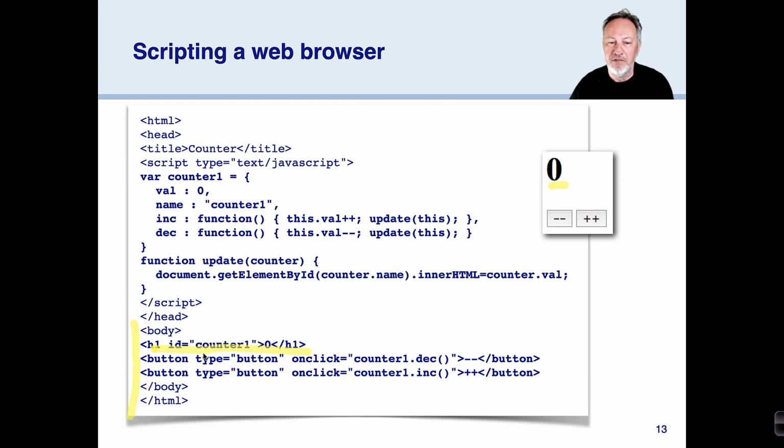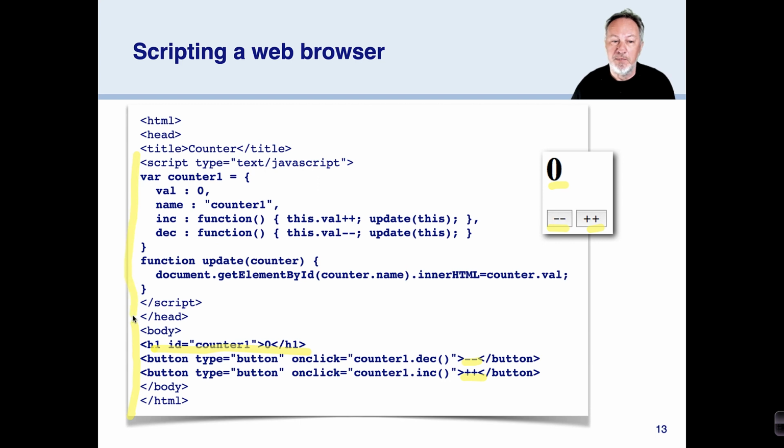The ID of the header is counter1. Now we have two buttons, a minus minus button and a plus plus button, as we see here. And on clicking, we will execute the following code: counter1.decrement or counter1.increment.